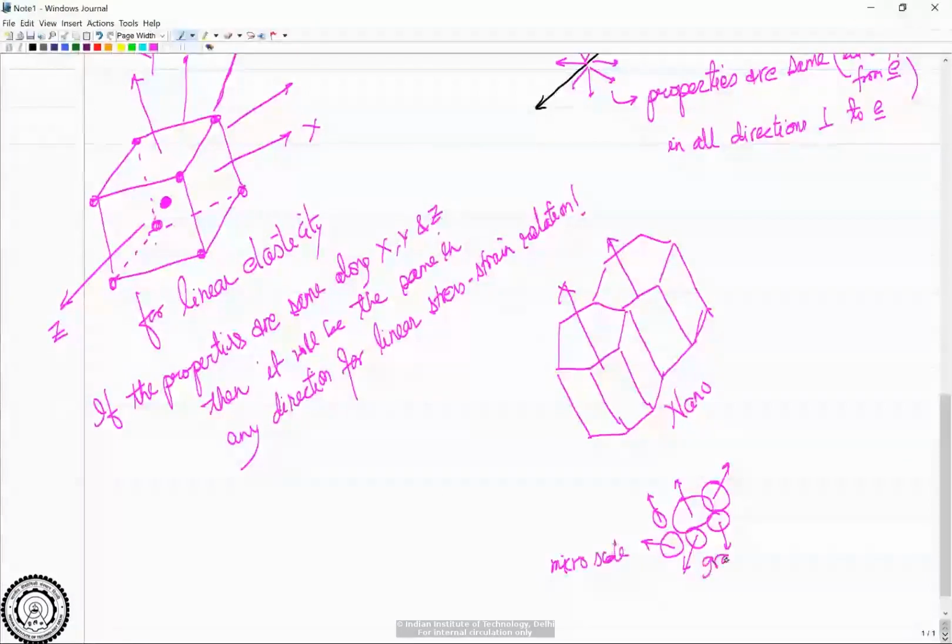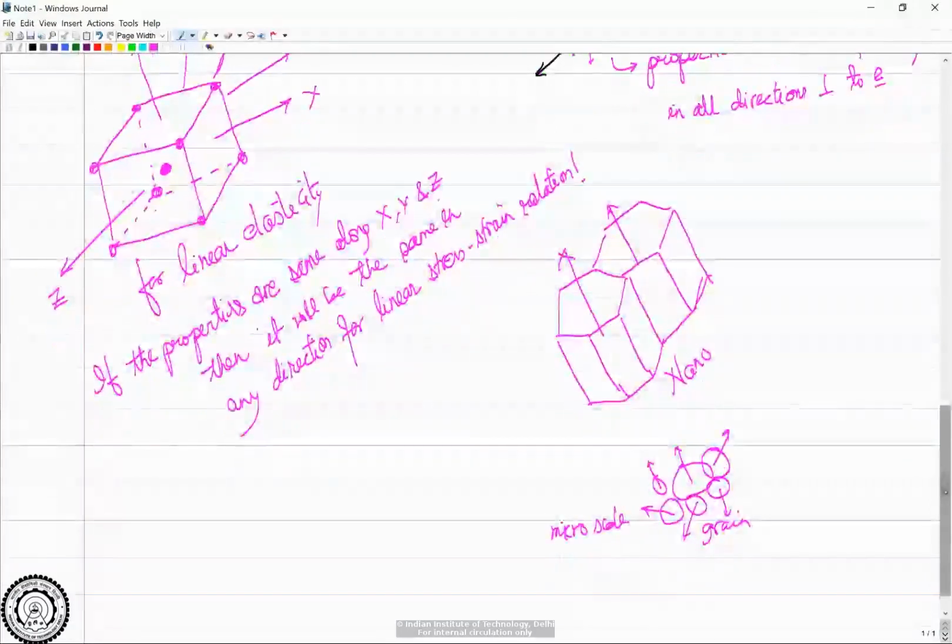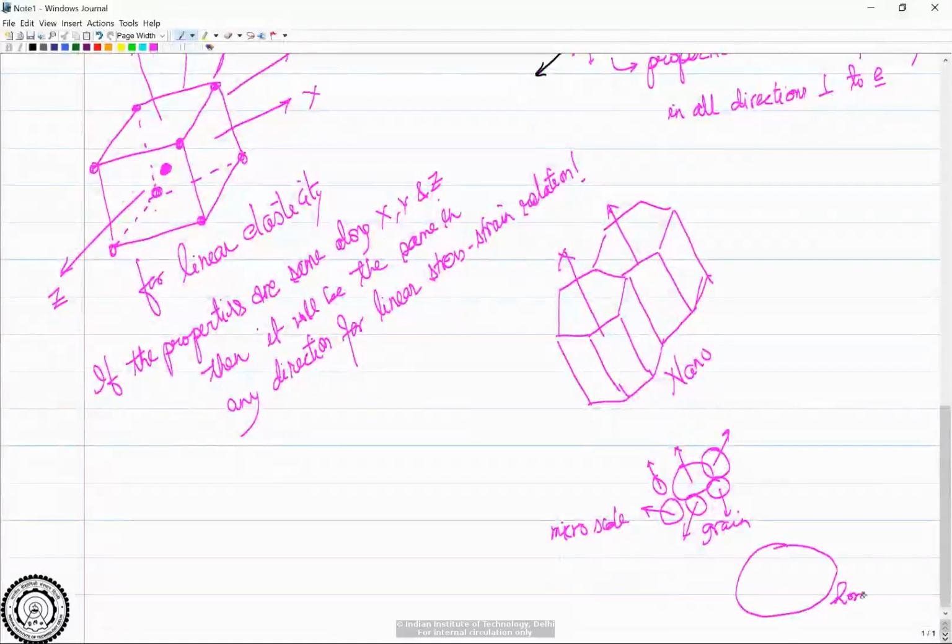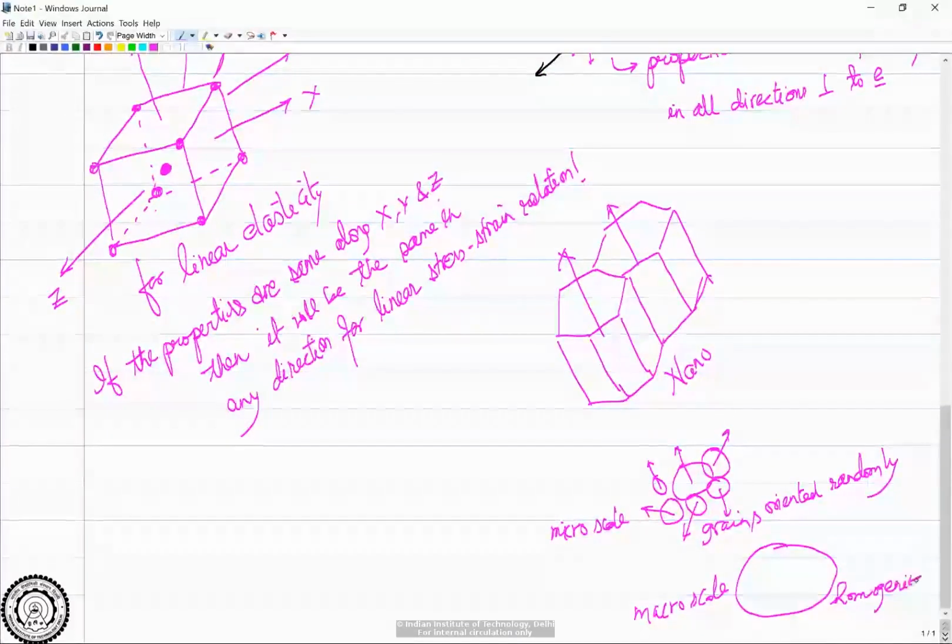So you have grains. Now if you go further down to macro scale, then it looks homogenized because of the randomness. So grains oriented randomly. So at the macro scale, it looks homogenized. So it becomes isotropic because the grains are oriented randomly.